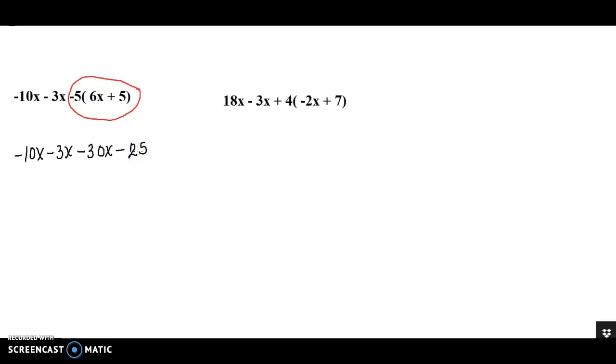Now I have three like terms. I have a negative 10x minus 3x. That gives you a negative 13x, minus 30x, minus 25. Combine these two terms together, I get a negative 33x minus 25.